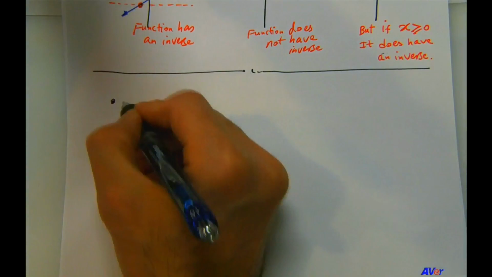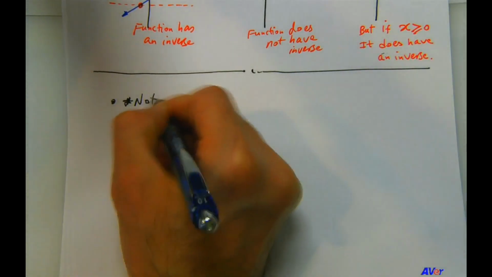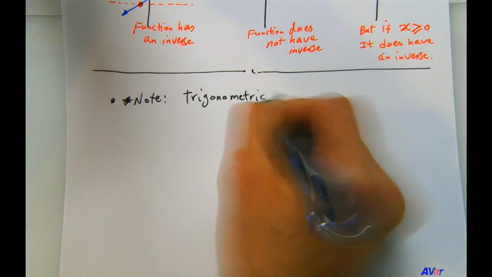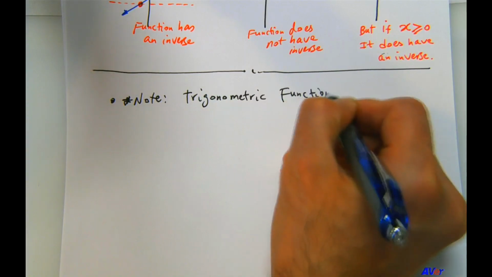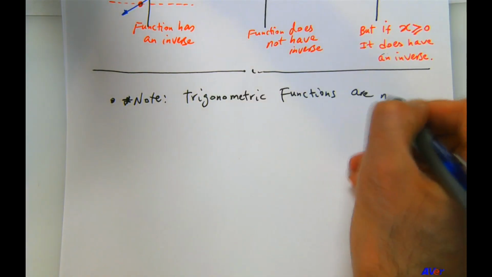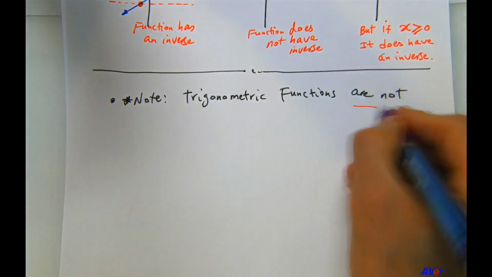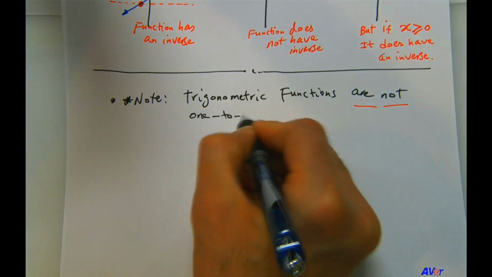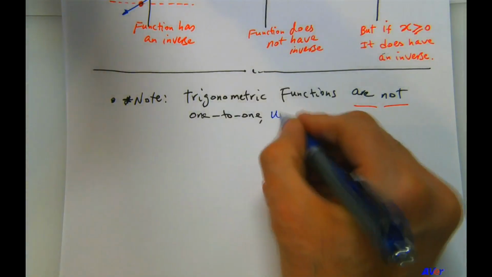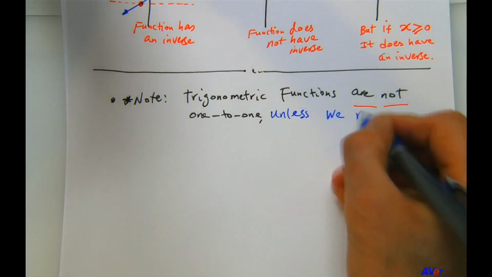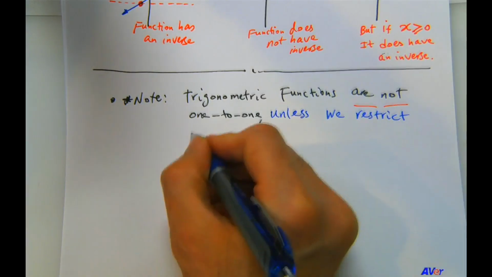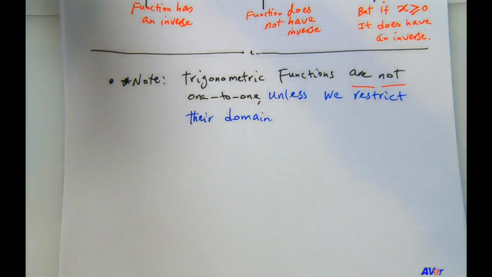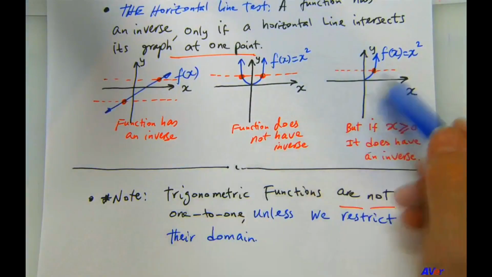Well, first of all, I'm going to say note: trigonometric functions are not one-to-one unless we restrict their domain, which is what we did back in Math 126.